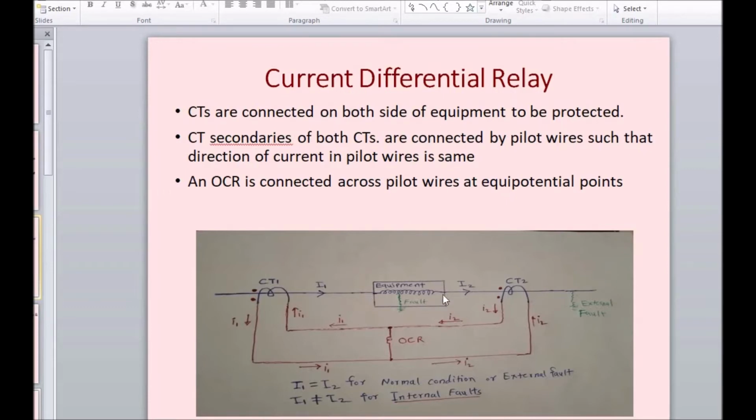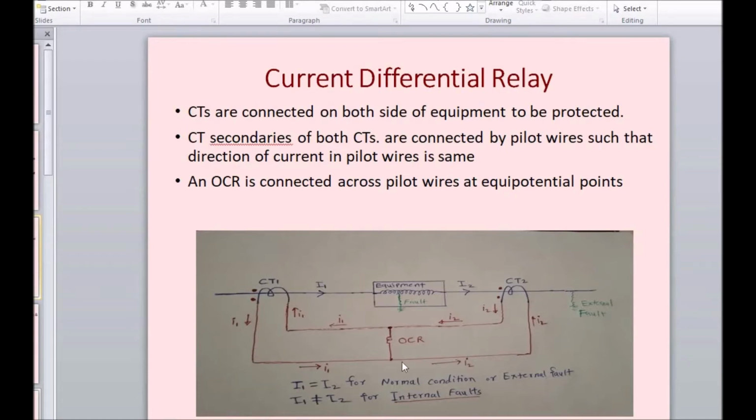See this diagram? This is the equipment to be protected. On either side of this equipment, CTs are placed. CTs are connected on both sides of the equipment to be protected. Now the secondaries of CT1 and CT2 are both connected using the pilot wires.